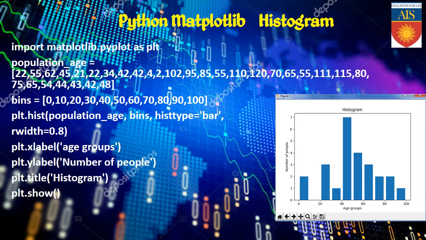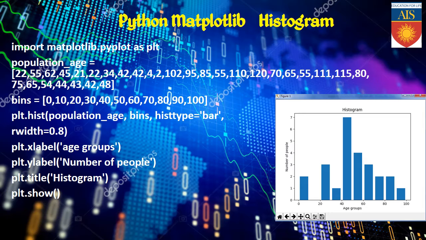Next is the histogram. So import matplotlib.pyplot as plt, population age equal to, we need to mention the values as per our requirement, as many as you can provide. Next option is bins, the bottom portion, the gapping area: 10, 20, 30, 40, 60, 70, 80, 90, you can continue up to whatever you need.